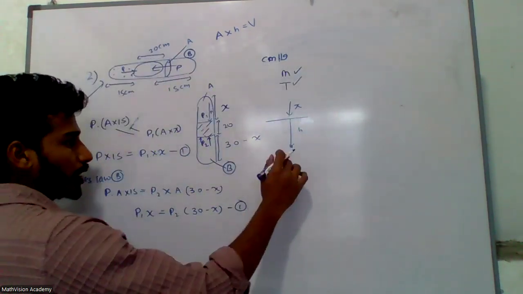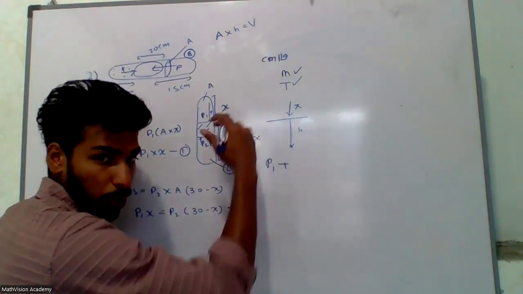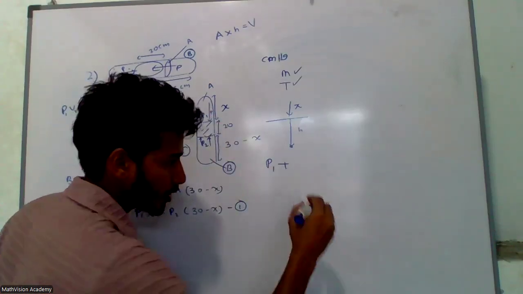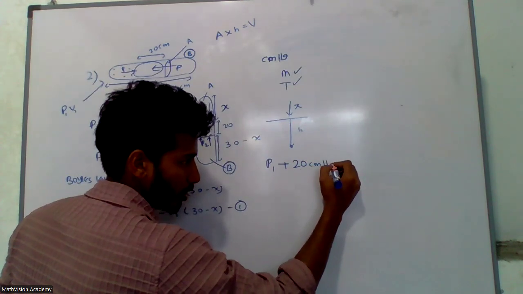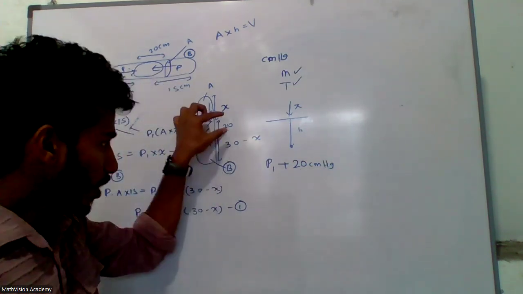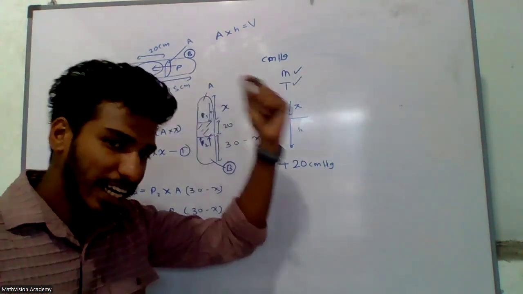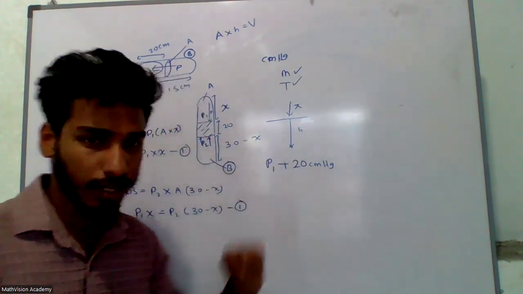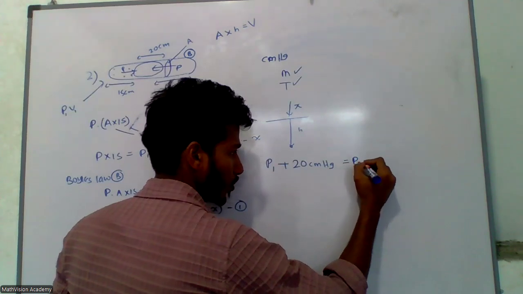The length of the mercury column is 20 centimeter, so the pressure created by it is 20 centimeter mercury. Clear? If you calculate in centimeter mercury, it is 20 centimeter mercury. That's it, and that is equal to P2.